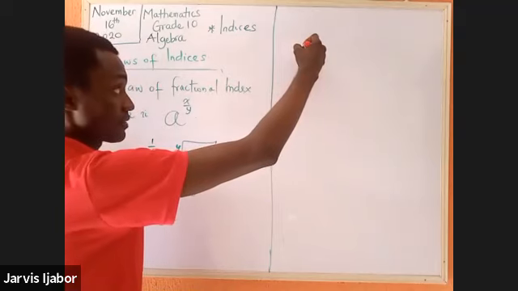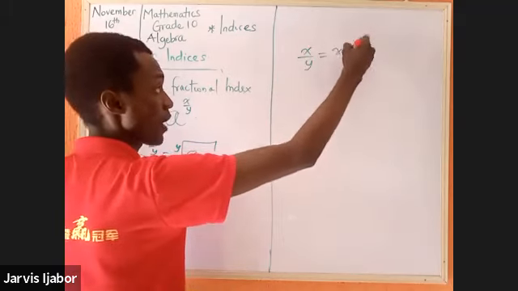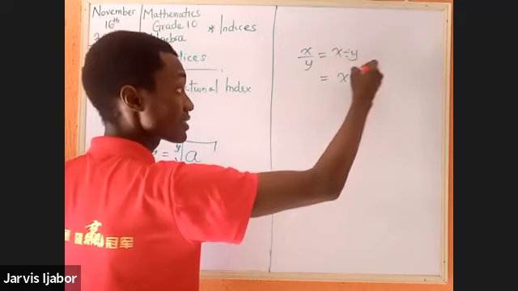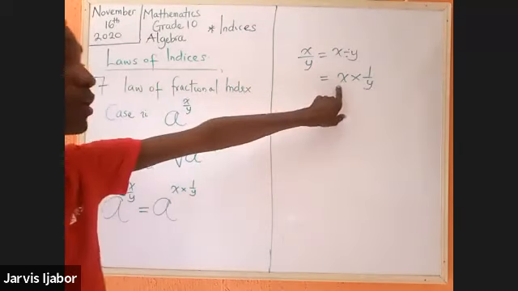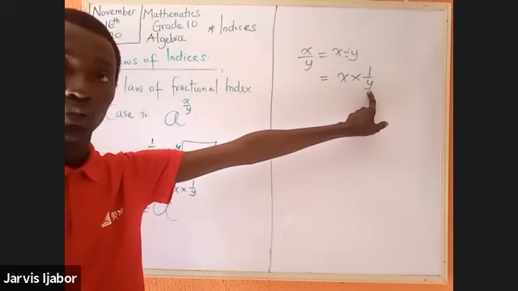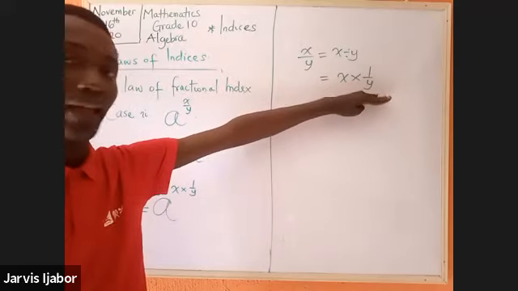If I have x over y, this means x divided by y, but this can also mean x times 1 over y. Numerator times denominator, where the denominator is always expressed below. You get that? So this is what the setting should look like.